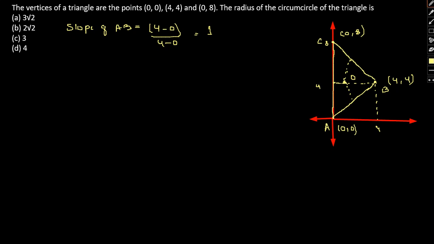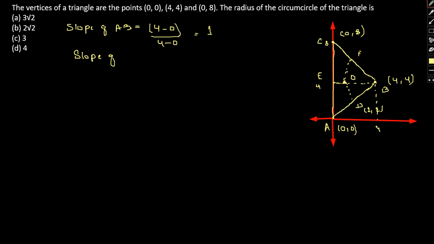Say this is D, this is E, and this is F. So it connects at the midpoint (2,2).